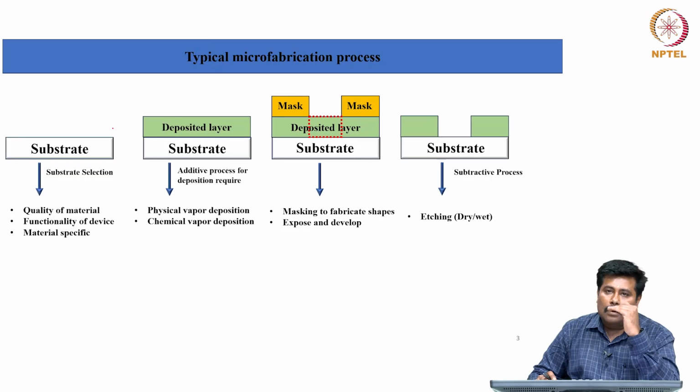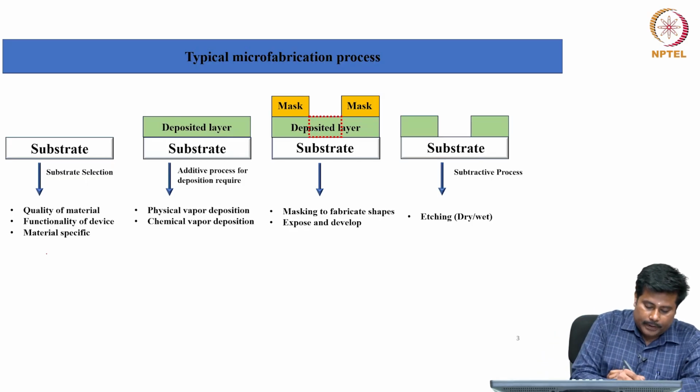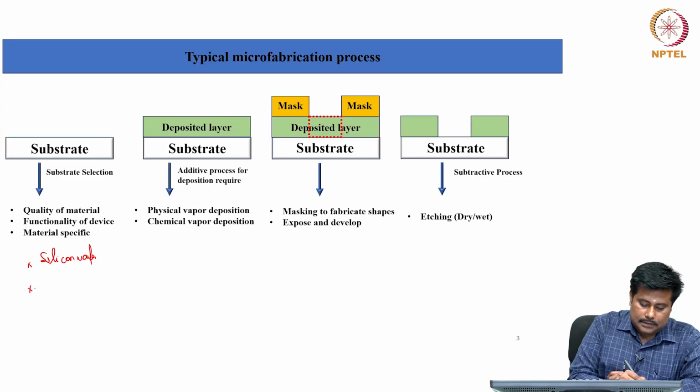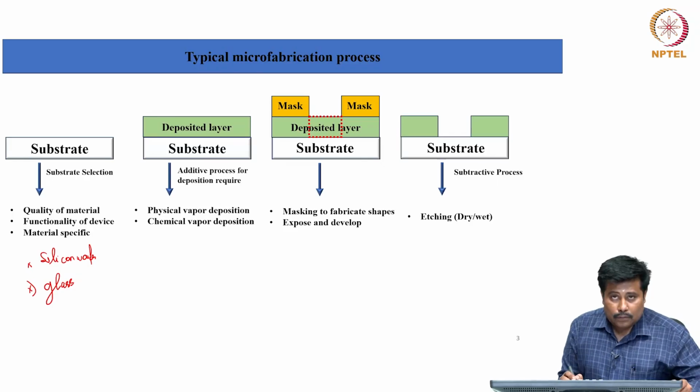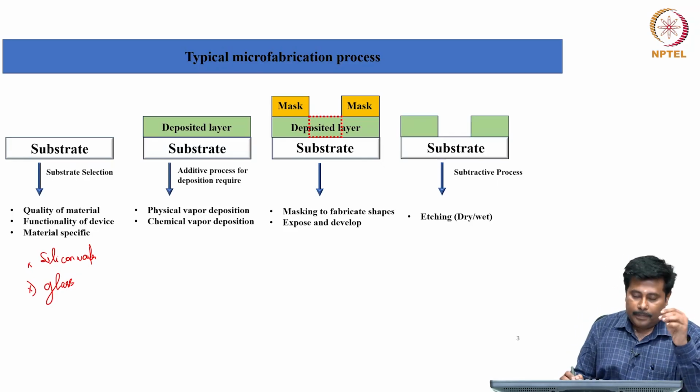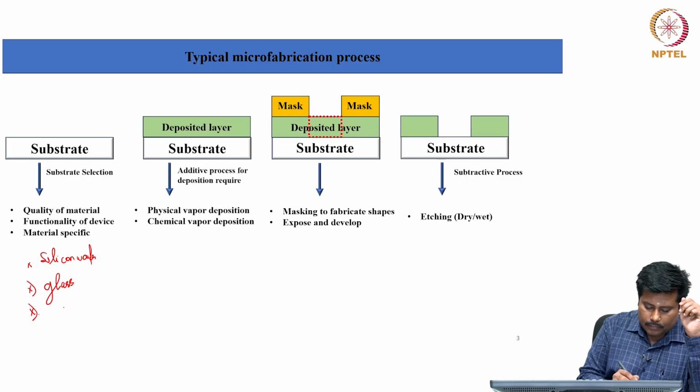When we talk about a substrate, it can be a silicon wafer, and in certain cases it can be glass. If we are focusing more on an optical functionality, quartz can also be used.